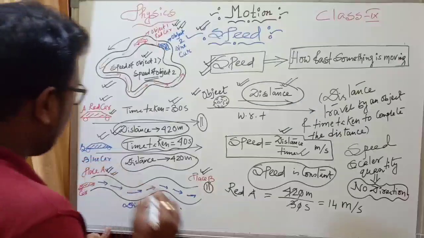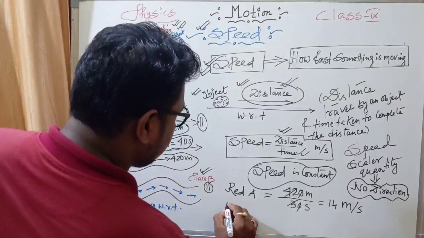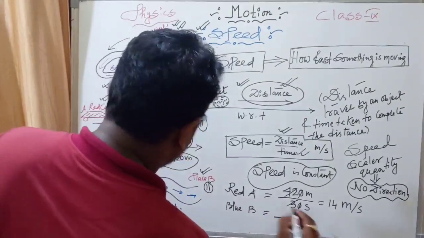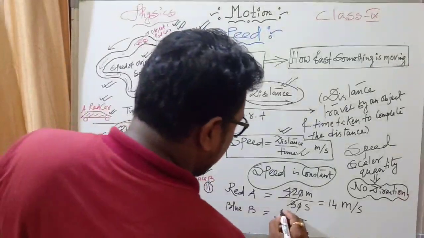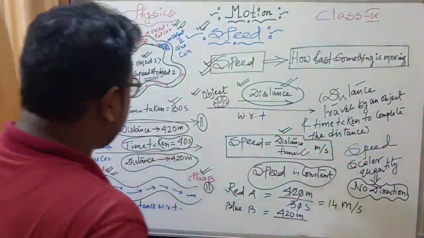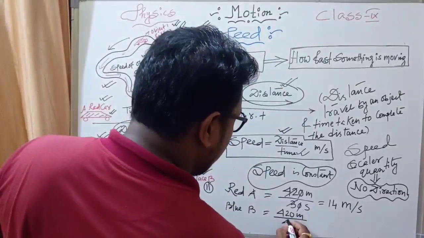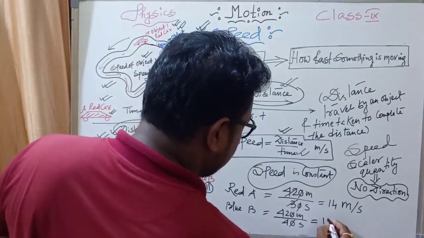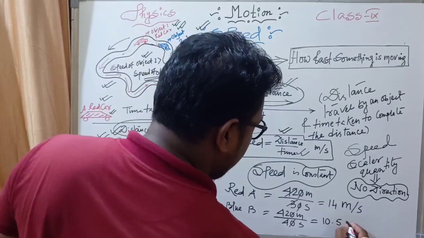And for the blue car, car B, the distance is the same 420 meters divided by the time taken, 40 seconds, approximately 10.5 meters per second.